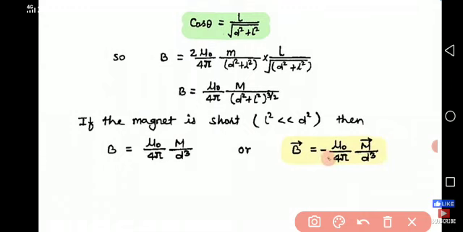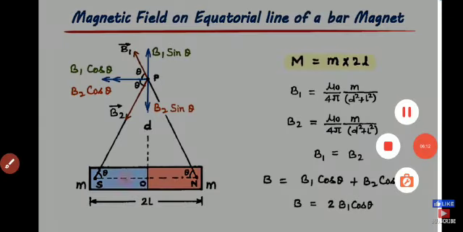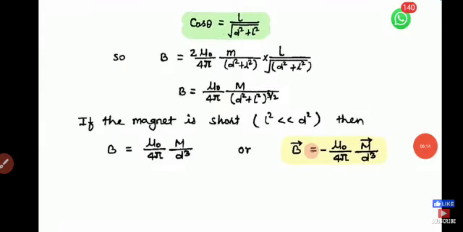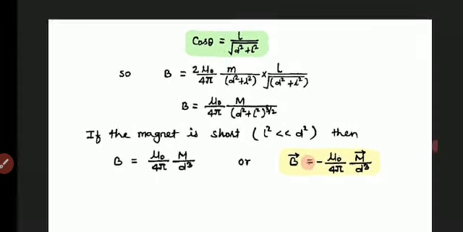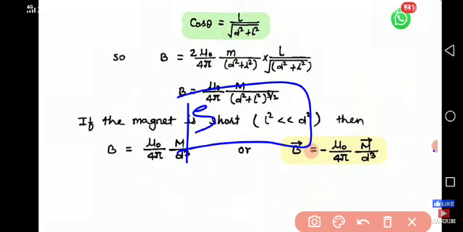Why we are taking here minus and plus sign? Minus and plus sign we are taking, that is due to direction of total magnetic field and direction of the bar magnet. Dear students, you know that in a bar magnet the direction is always from south to north inside the magnet.